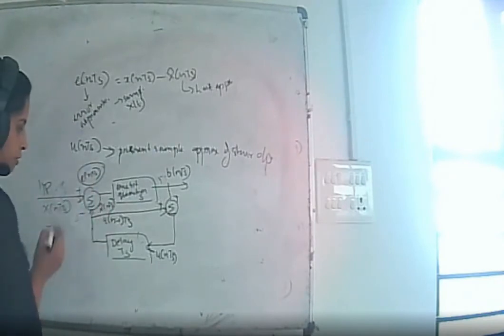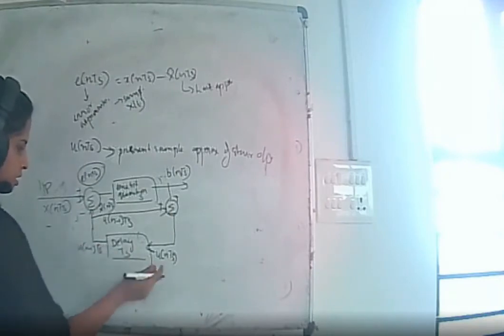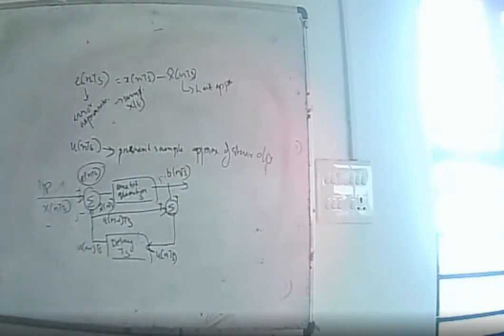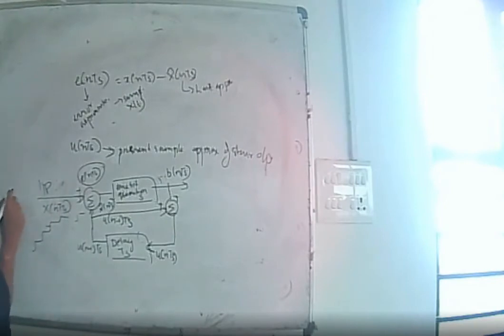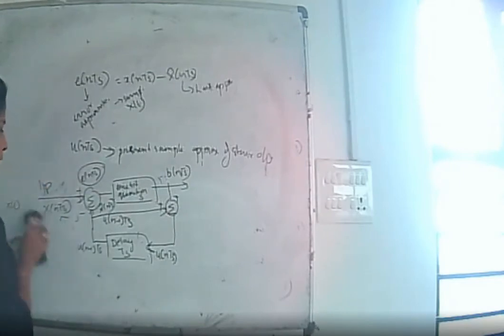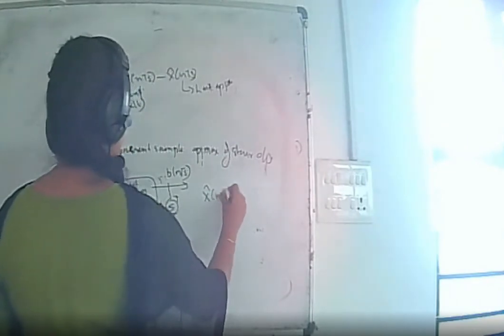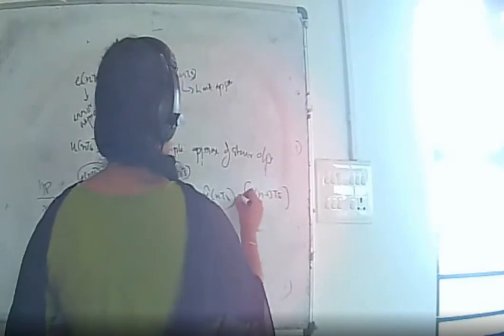So what is this x cap of nTs? x cap of nTs is nothing but the delayed version of u of nTs, that is u of (n minus 1) Ts. u of nTs is the present sample approximation of the staircase output. We have said that we will consider the difference between the input sample signal x of t and the staircase approximation, and compare it: if delta value increases, 1 is transmitted, otherwise 0 is transmitted. So x cap of nTs is the delayed version of u of nTs, that is u of (n minus 1) Ts.